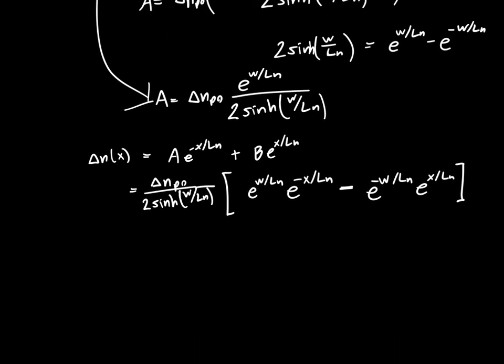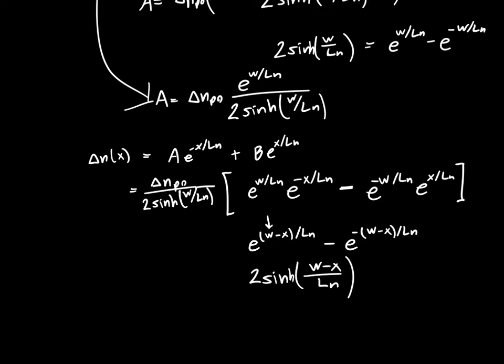And we can simplify this a little further if we group these terms. So if we're just focusing on what's inside the brackets, we get e to the w minus x over ln minus e to the minus w minus x over ln. And this is just, we know, 2 times sinh of w minus x over ln. And so this is just what was inside the brackets.